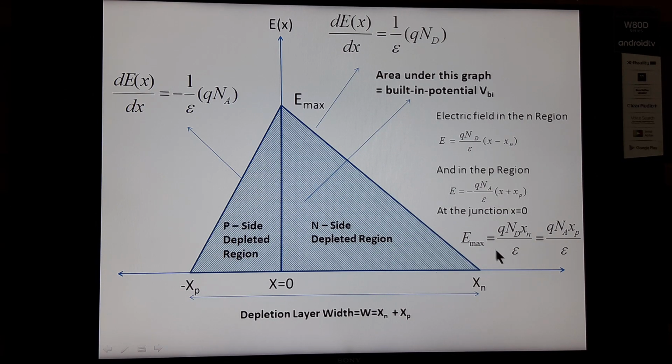We get the value of maximum electric field q Nd xn by epsilon, that is, the electric field is actually proportional to the donor doping density as well as the acceptor doping density, and epsilon is the permittivity of the semiconducting material we have considered.